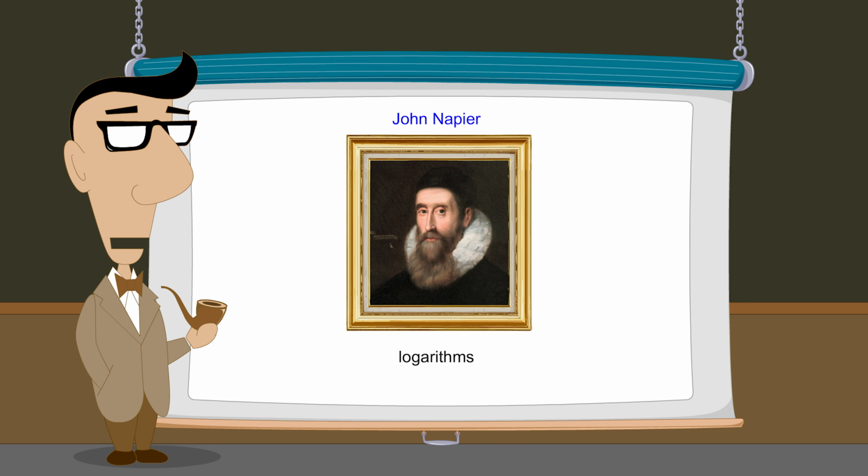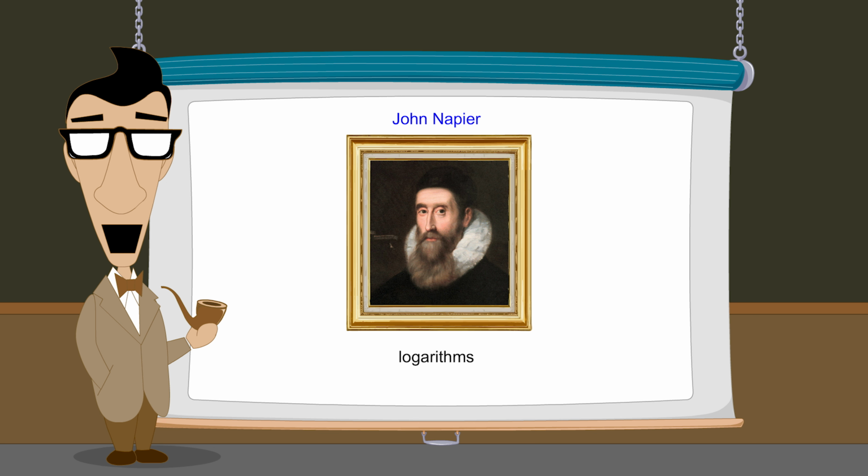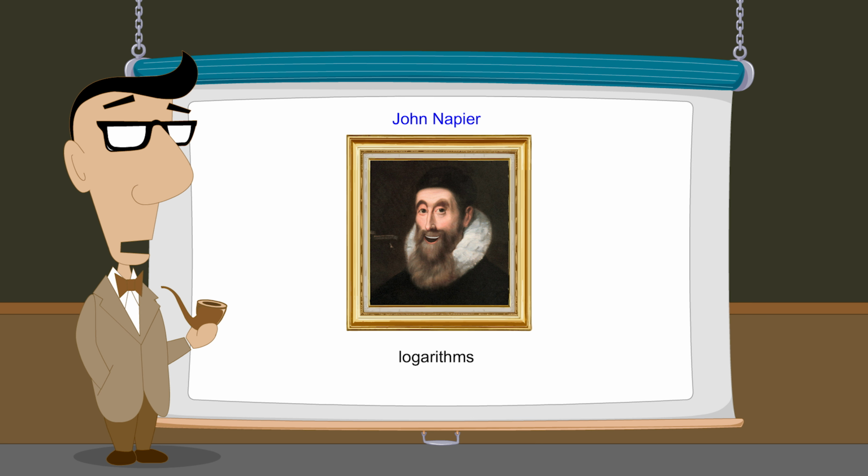From the example we just saw, it is easy to see why the revolutionary invention of logarithms by John Napier quickly became popular. Using Napier's logarithm tables, multiplication and division involve only the much simpler process of addition or subtraction. This is the result of a unique property of logarithms.